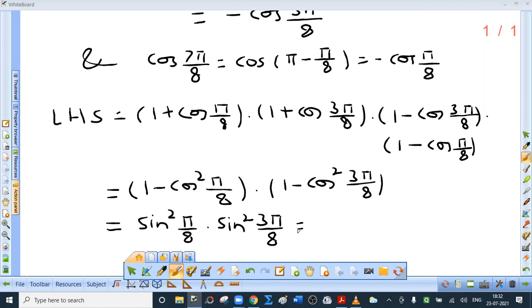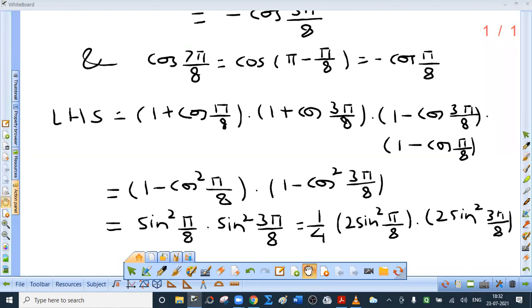See, it is all about knowing and applying standard formulae. See what I'm doing now. Now, sine square pi by 8, I need 2 sine square pi by 8. Why? Because 2 sine square theta is 1 minus cos 2 theta. I'll explain, don't worry. So, into 2 sine square 3 pi upon 8.